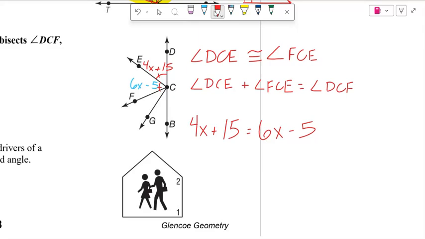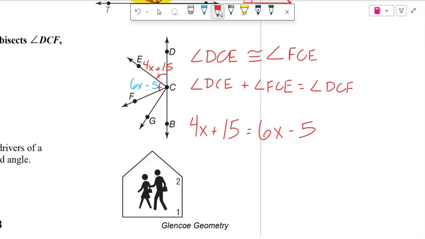Once you read the figure, you read the diagram, you set everything up the right way, and you get to this point, I hope that we've done our algebra review. Solving for x is the easy part.